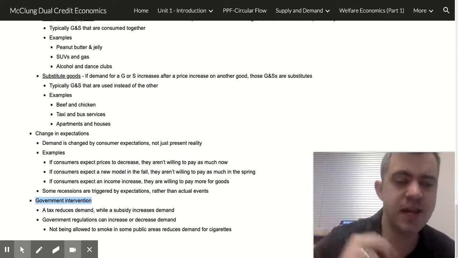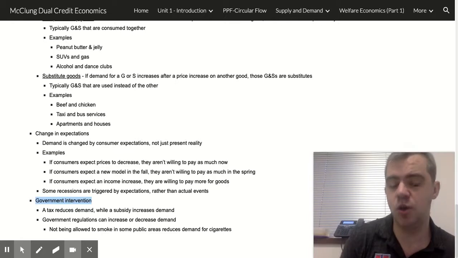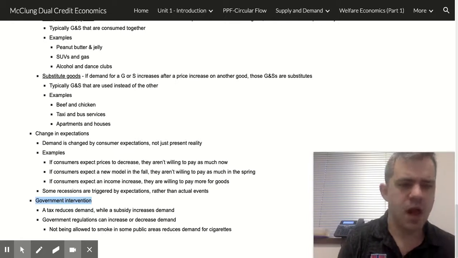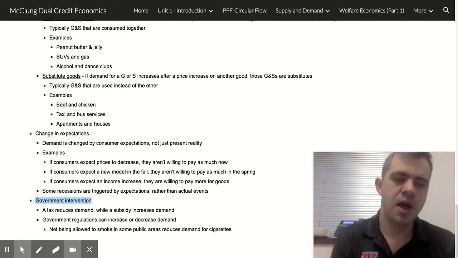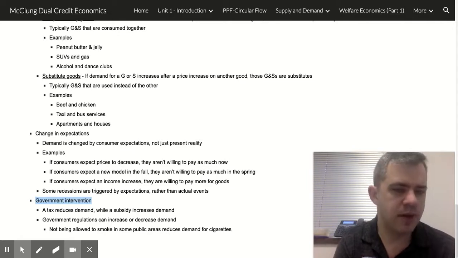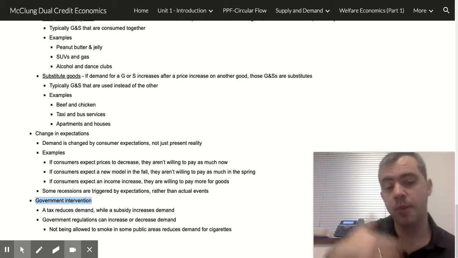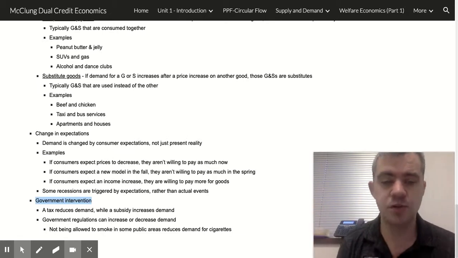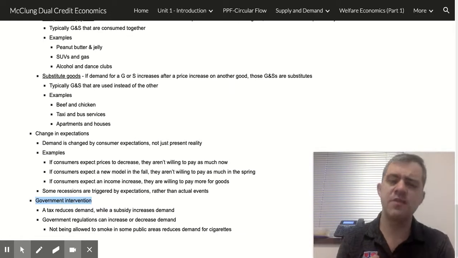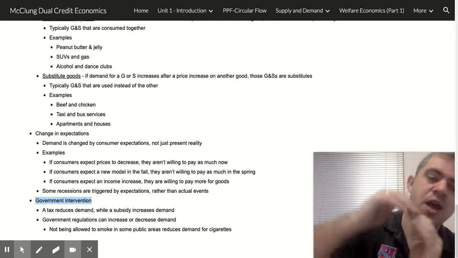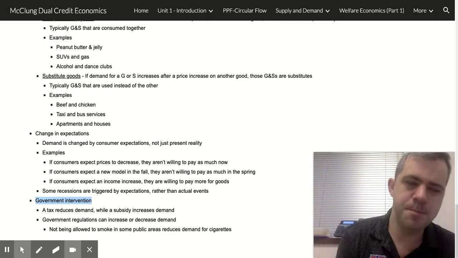Now, reminder, a subsidy is like the government giving you extra money for something. We've done this in the past for hybrid cars or electric cars. Right now, if you want to put solar panels on your roof, the government will pay you some of that money to do that. So that will increase demand because even though you're paying a certain price, you're going to get some of that money back.